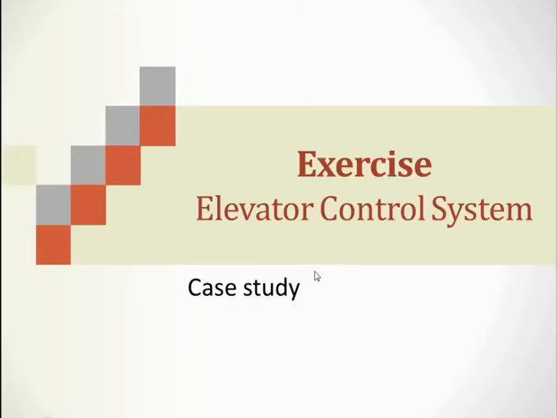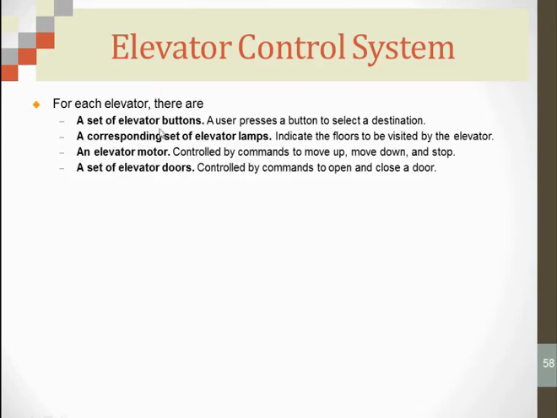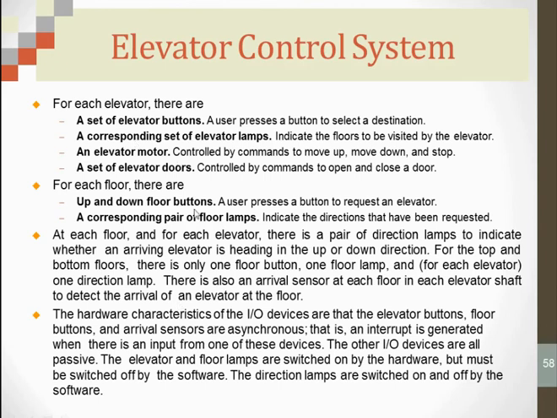In the end, we have a case study. Actually, we should do it together, but it's okay, you can do it, and then we discuss online, or you submit the diagram online. As we studied before, here is the diagram of how the elevator works, and here is an explanation with more details.